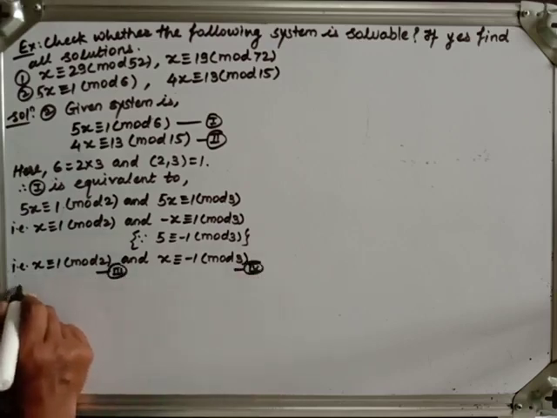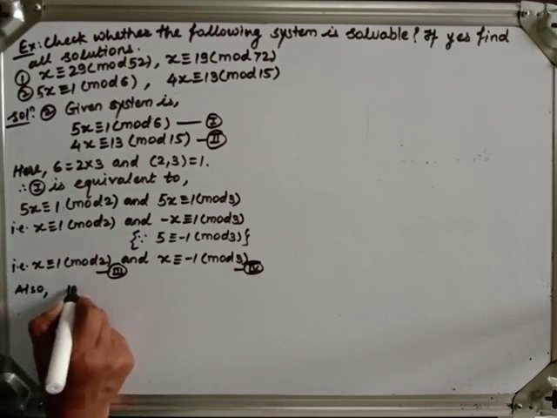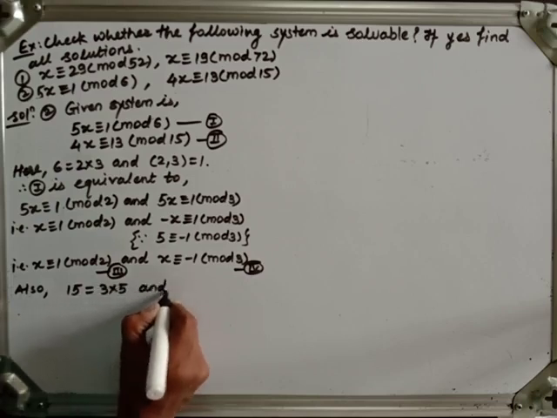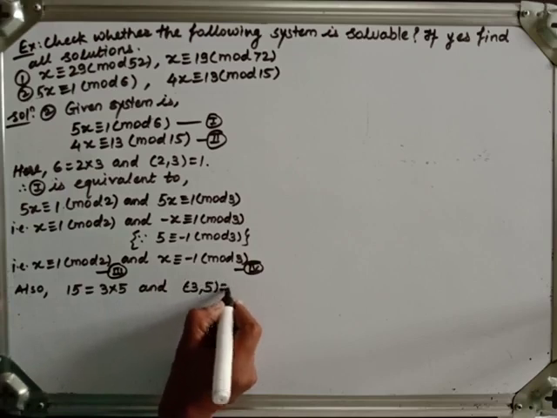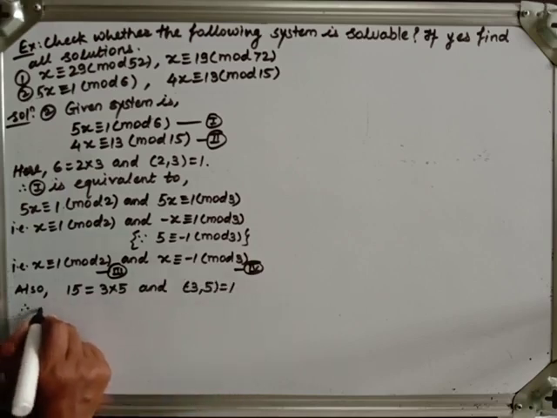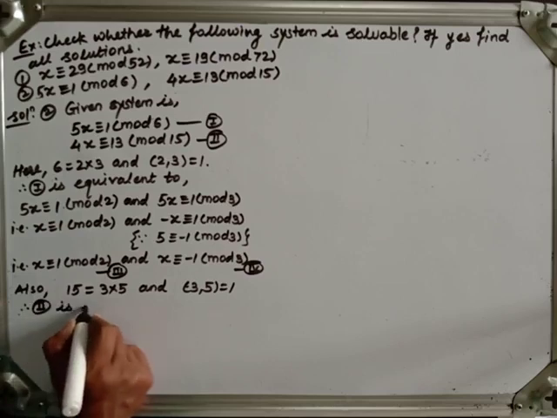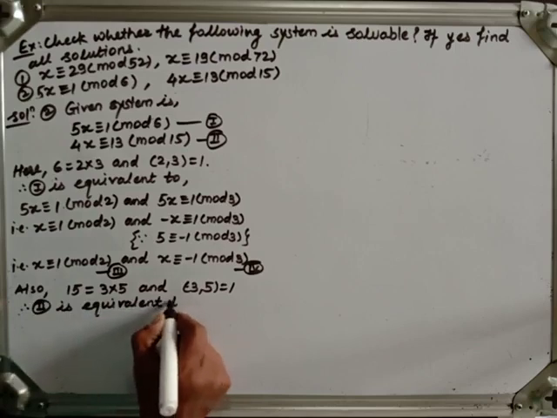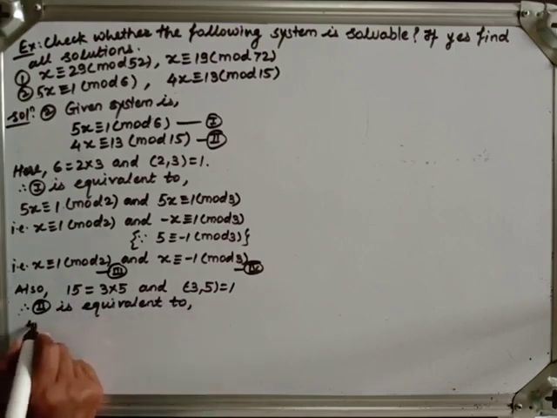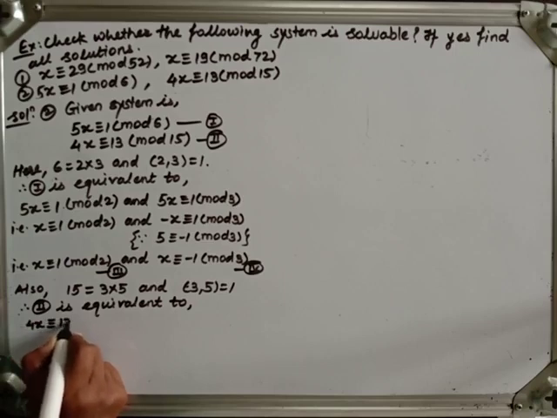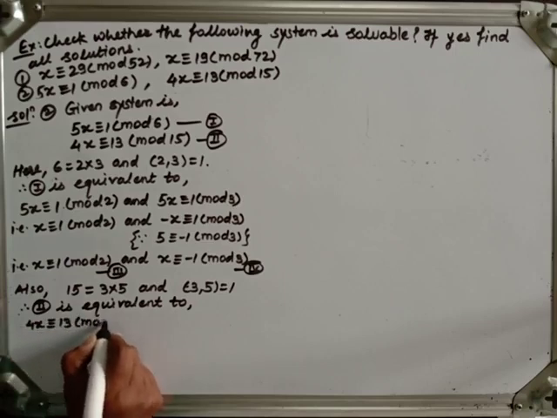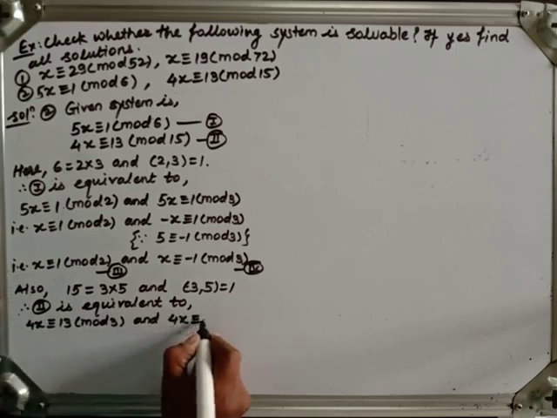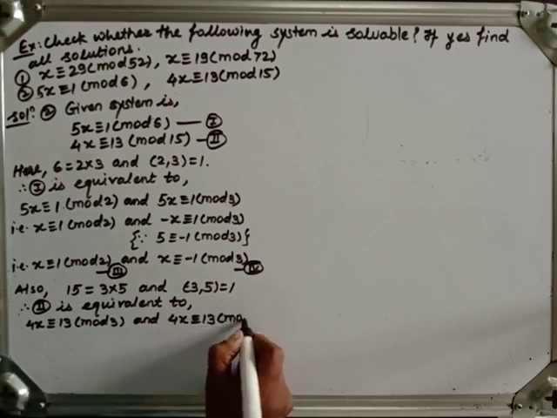Also, 15 can be written as 3 into 5, and 3 and 5 are relatively prime. Therefore, equation 2 is equivalent to 4x congruent to 13 modulo 3 and 4x congruent to 13 modulo 5.